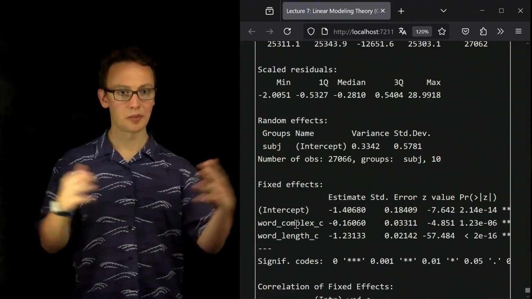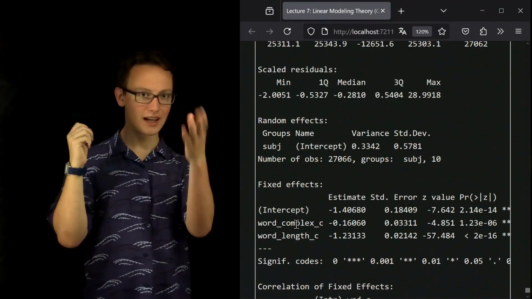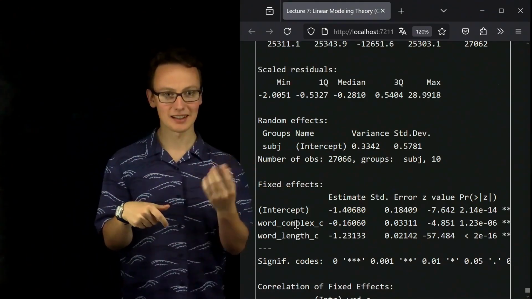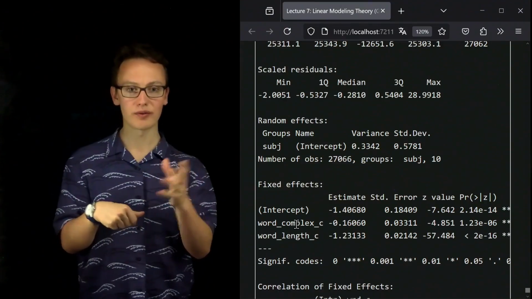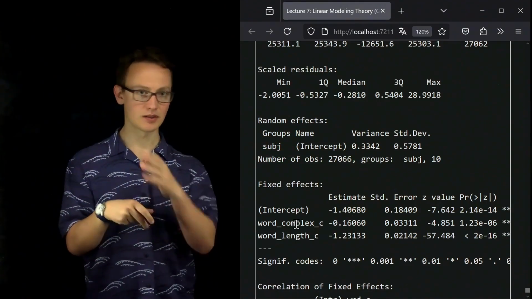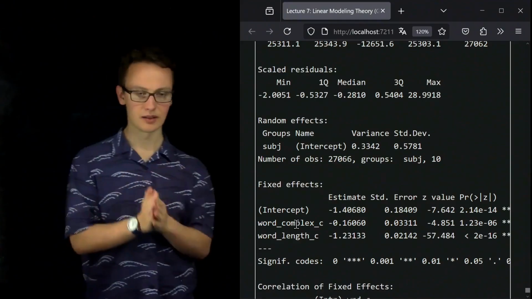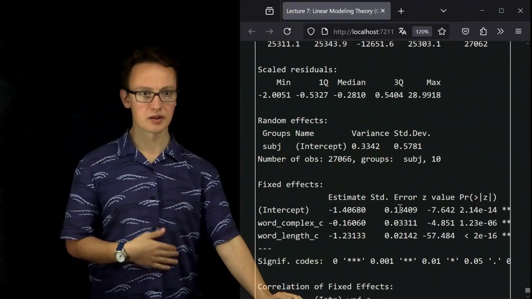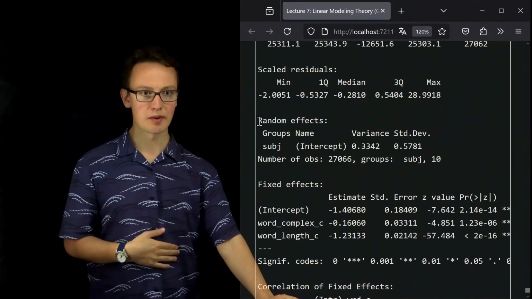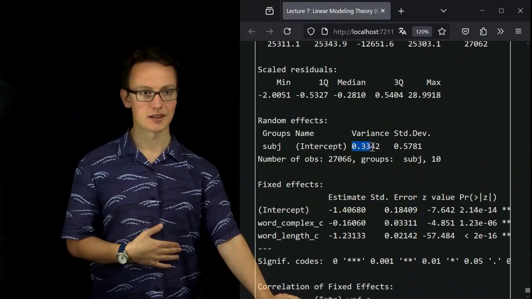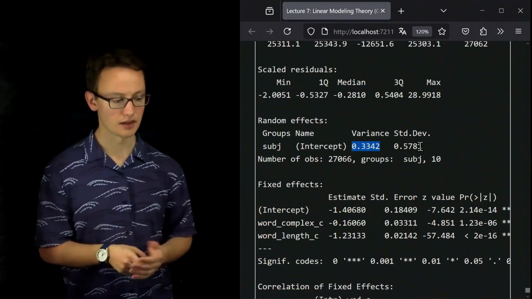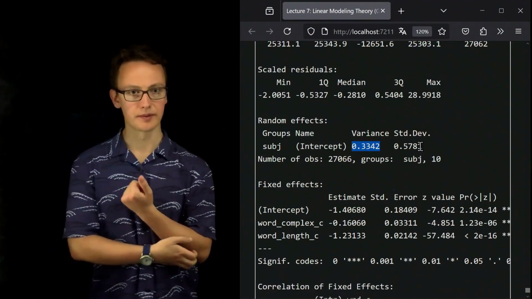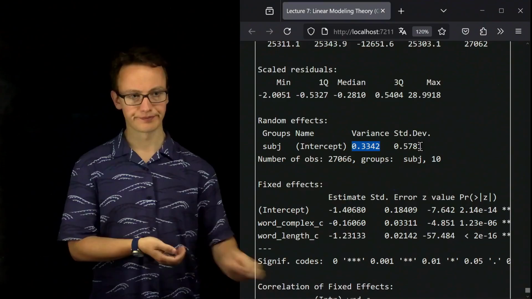If you have a complex and long word, you will most likely fixate it at least a little bit. You will not entirely skip it, but if you have an article like the or a, or a preposition like of, you might actually skip it entirely and just process it a little bit parafoveally when you read a sentence. So that's the takeaway we can get from this model, and we'll also have our random effect summary, where we can see this estimate of the variance of the intercept adjustments by subject, just as we would also see for the linear regression case.